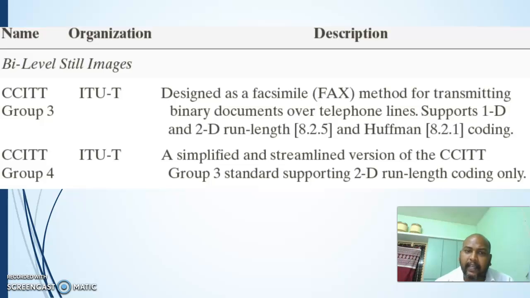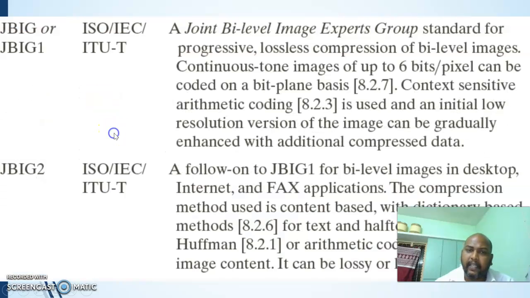These two sorts of coding algorithms were supported by this compression standard and used in the initial stage of fax communication. Next is CCITT Group 4, an advanced version of CCITT Group 3. Here we use only 2D run length coding, and it is a streamlined version of CCITT.